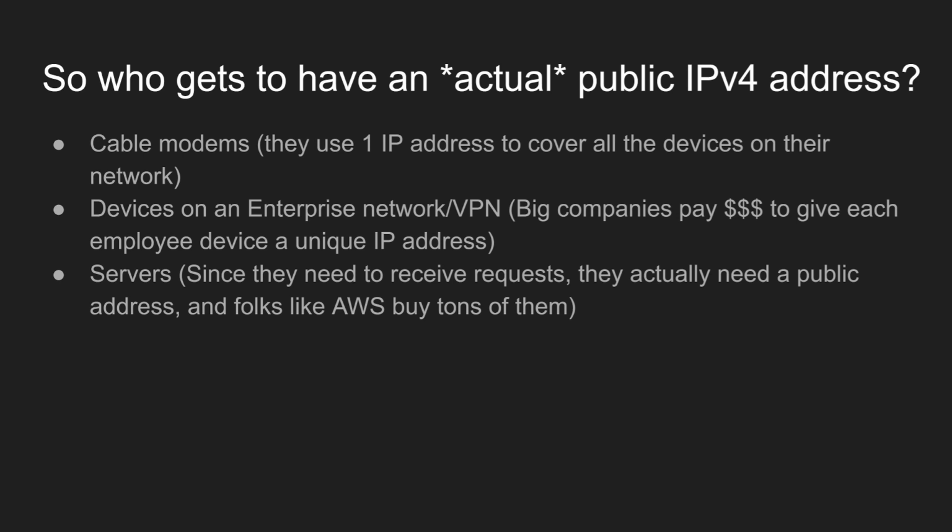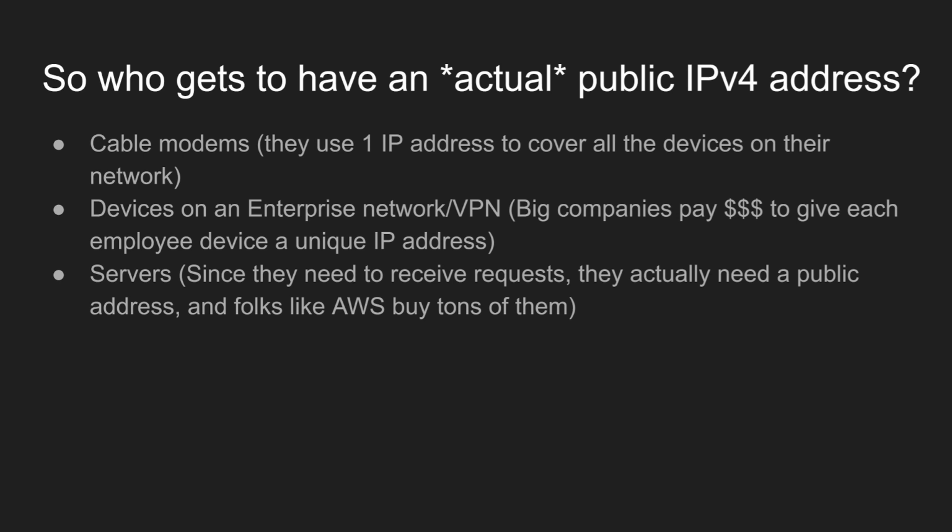They are a scarce commodity and can be purchased. And so devices that are on an enterprise network or VPN, if you work for a large corporation and you go into the office and log into the special Wi-Fi, you might actually get a public IP because the company may have paid for a pool of IP addresses to hand out to employee devices.